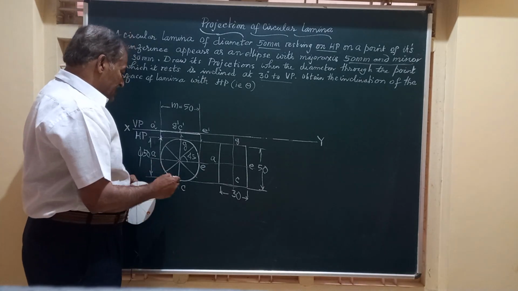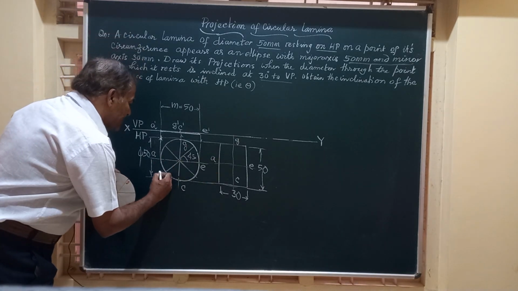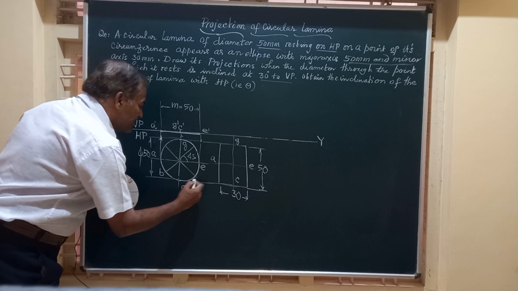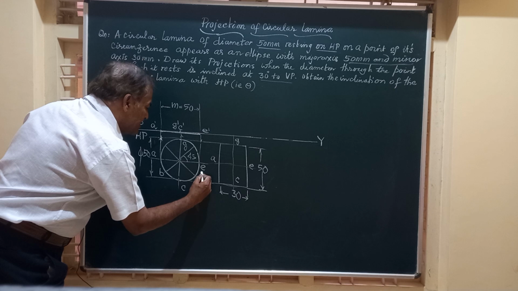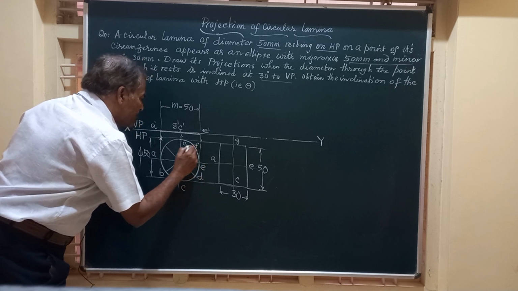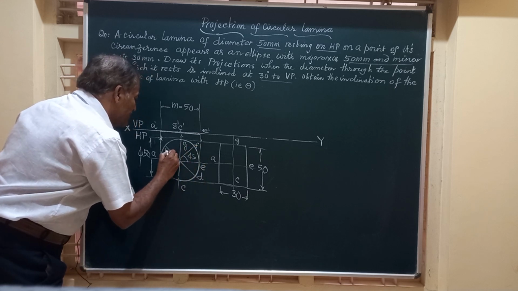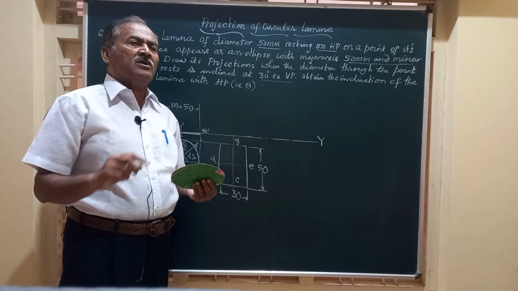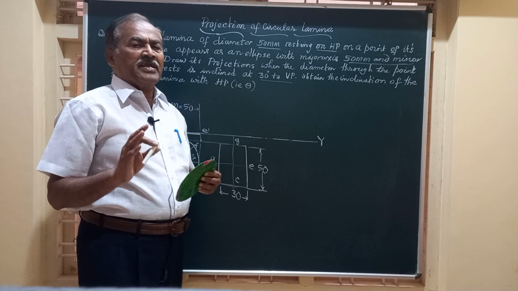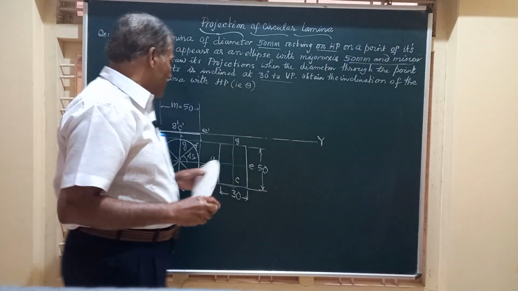So friends, let us complete this marking. We'll call this B, C, this is D, E, F, G and H. So these are the points on the periphery of the circle, which is divided into 8 equal parts.